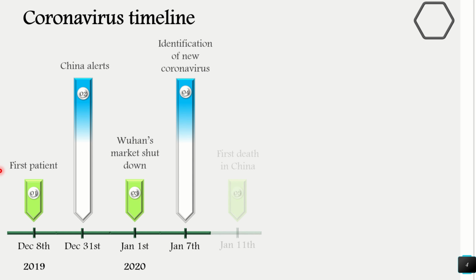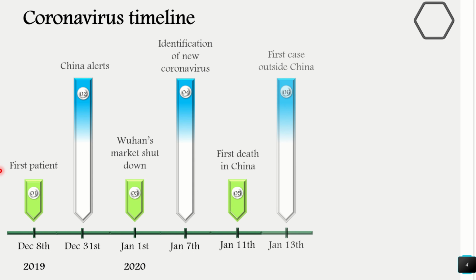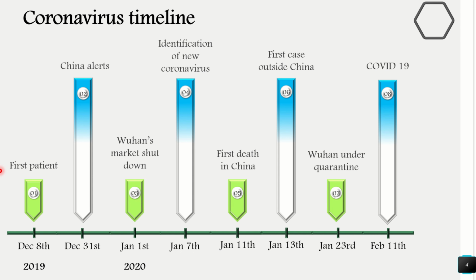Four days after that, on January 11, the first death in China was recorded. The first case outside China was on January 13 in the Philippines, and on January 23 Wuhan was placed under quarantine. On February 11, the World Health Organization indicated that the name of the disease caused by the novel coronavirus is COVID-19.